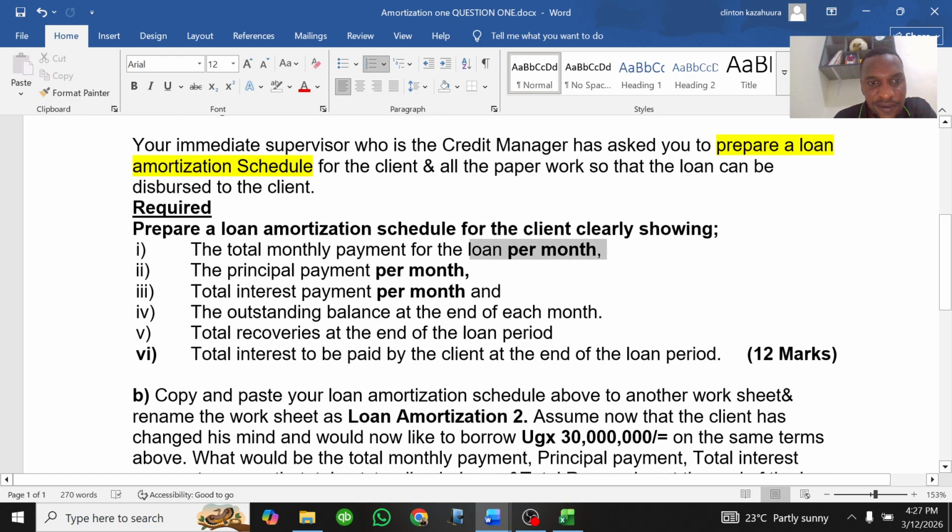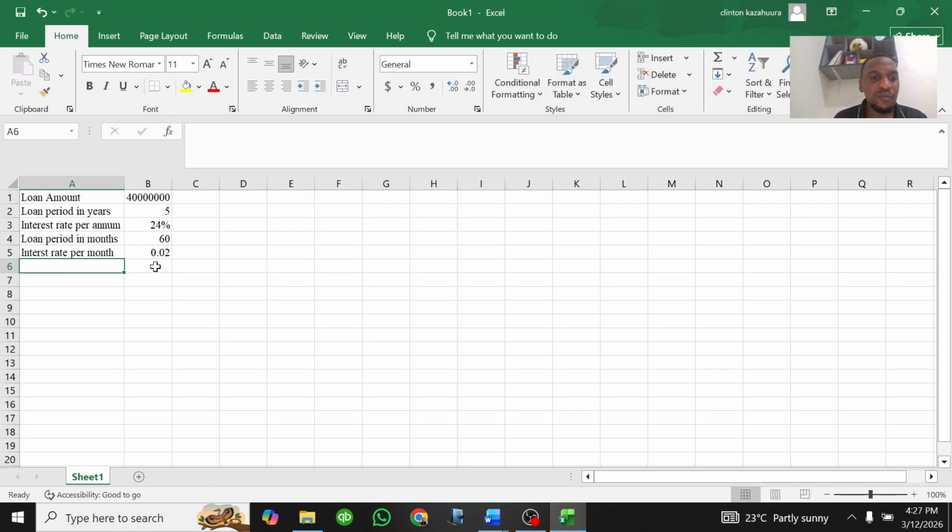So I can go on and I start answering the question. The first thing is that they want us to get the total monthly payment for the loan per month. That is a monthly installment, what this person is going to be paying each and every month. So that one is denoted by monthly installment, usually denoted as PMT.